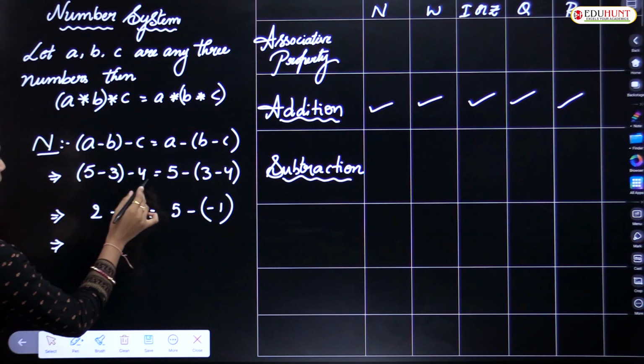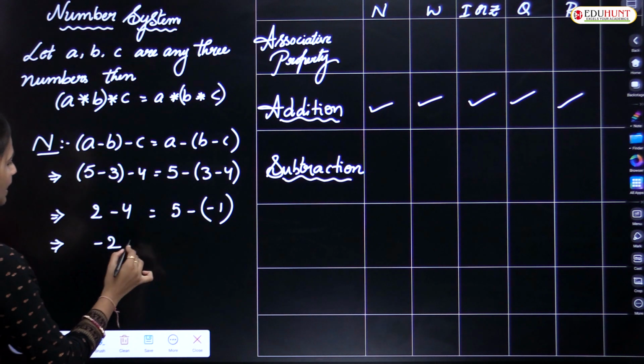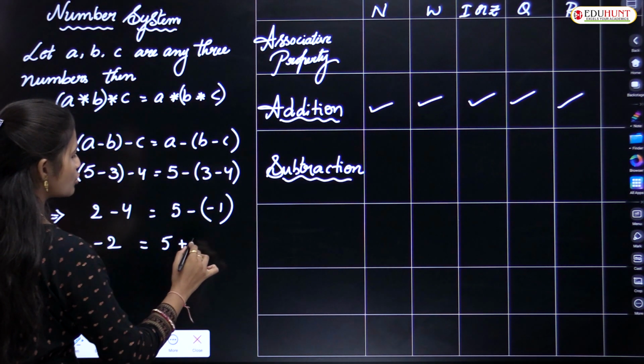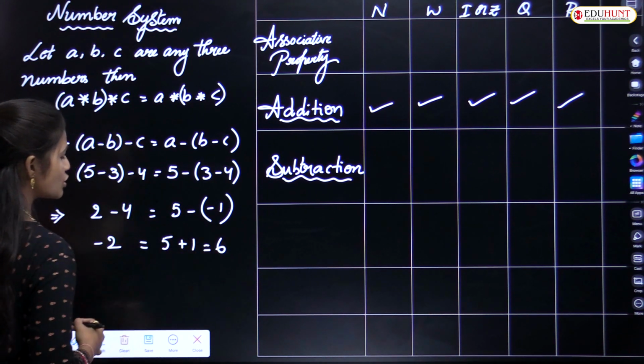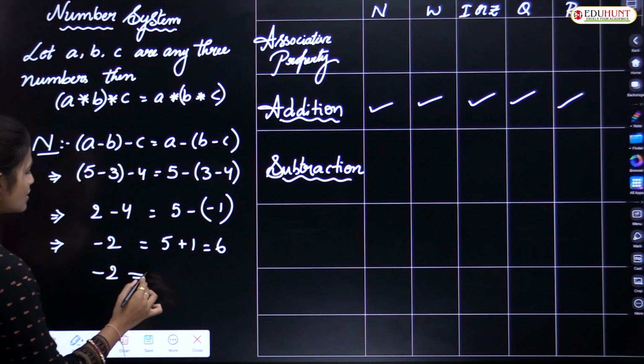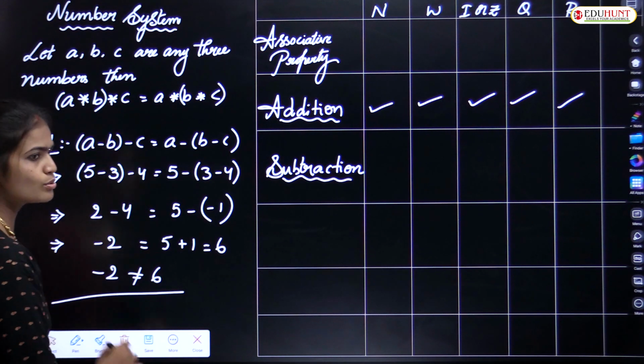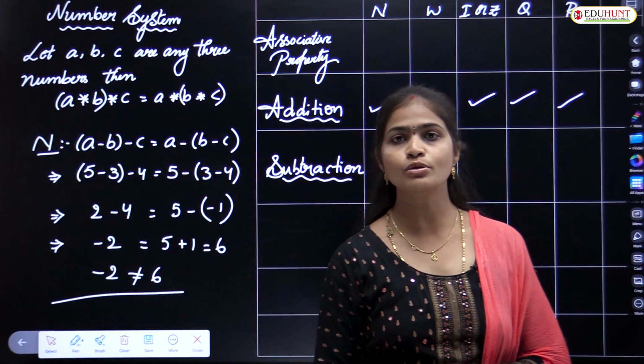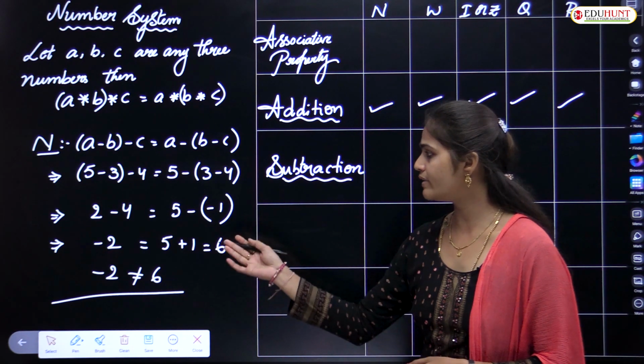So 2 minus 4 is equal to minus 2, and here 5 minus into minus is equal to plus 1, which is equal to 6. So in this case also we can say that minus 2 is not equal to 6. Here LHS value is not equal to RHS. By seeing only we can say that.